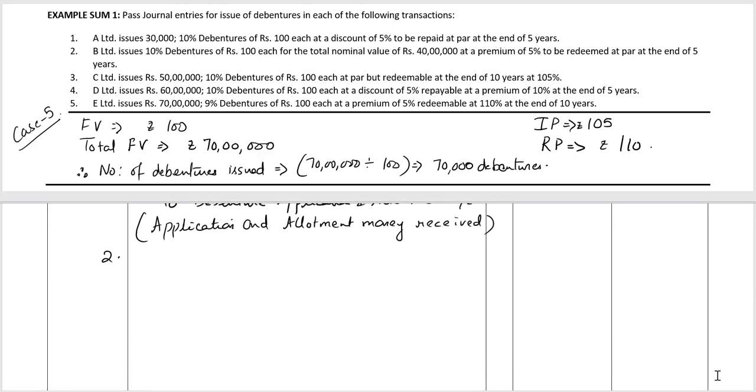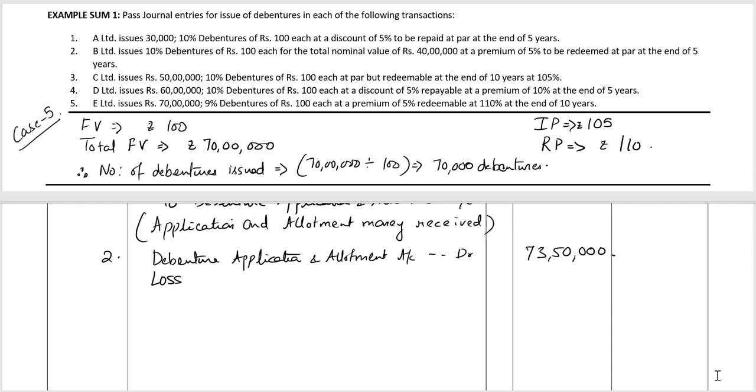The second entry, debenture application and allotment account debit. The amount of the first journal entry, application money received 73,50,000 rupees.